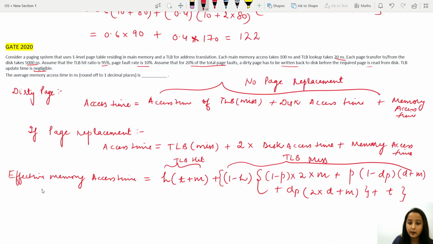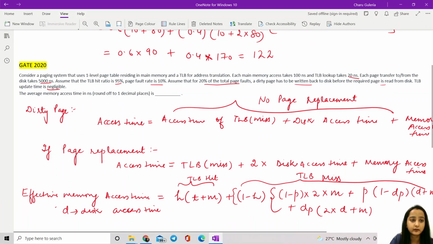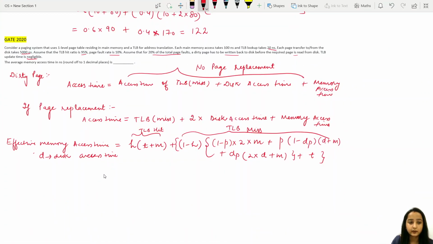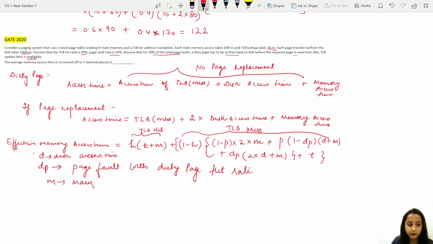So let me write here, m is the main memory access time, d is the disk access time, dp here is the page fault with dirty page hit rate, m is the main memory access time, and t is the TLB access time, and you know that h is the TLB hit ratio.